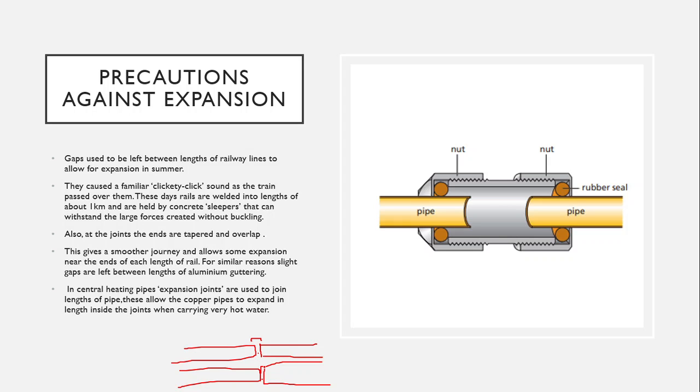Also, at the joints, the ends are tapered and overlapped. They're not just left faceted. They are tapered so that they can overlap like this. This is an example of heating pipes, but it's similar to railway tracks.